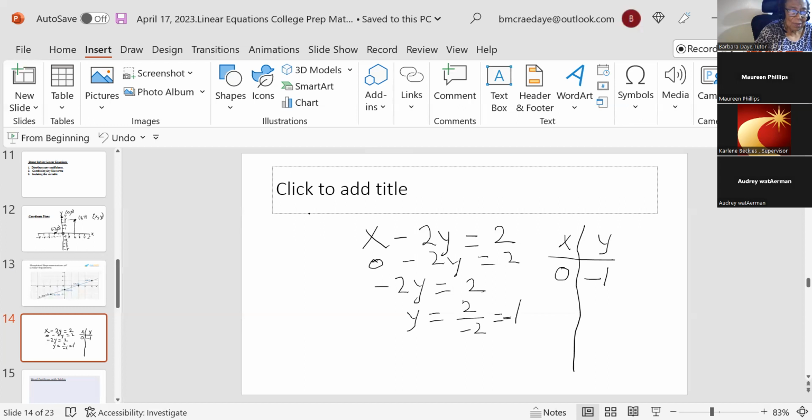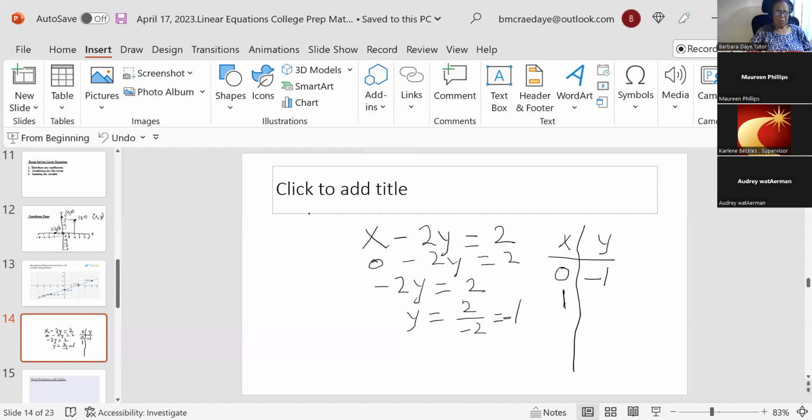Now, if it was a 10y instead, you'd divide by that coefficient.